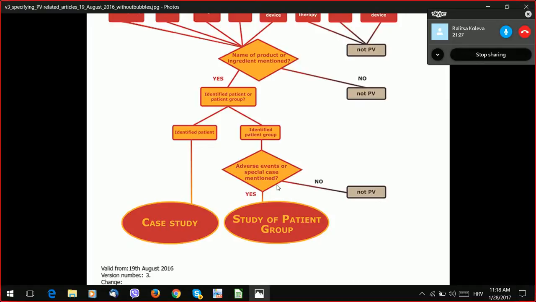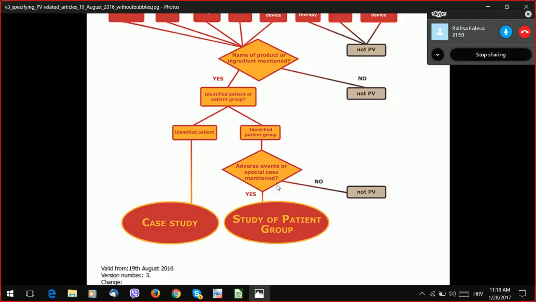This criterion is a mention of adverse events or special cases. Adverse event or special case are equal in importance here, so there should be either one mentioned or the other or both in order to meet our criterion.